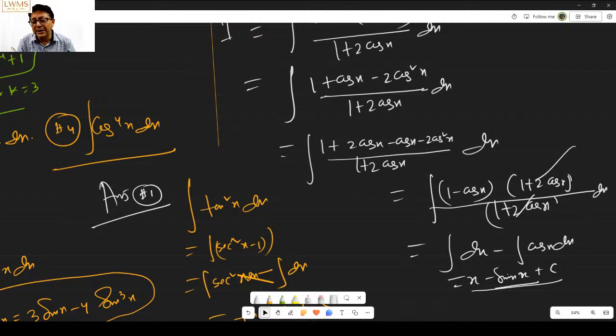Multiply and divide by 2. This will be sin 7x by 7 minus half into 2 cos A cos B, that you write. Cos A minus B, that is cos 3x dx.